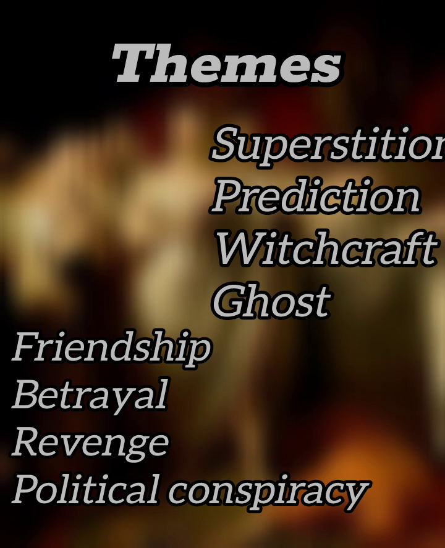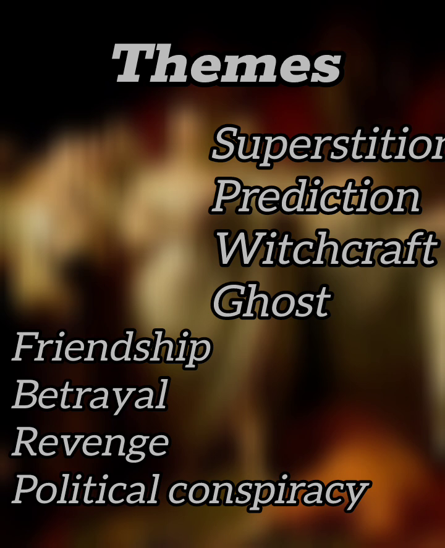Themes of the play Julius Caesar. What are the themes? First, the theme is friendship. Friendship of Julius Caesar and Mark Antony. Okay, now that's more clearly to be seen in the whole play. Betrayal, the second theme. Betrayal of Brutus. We have already heard it. Okay, revenge, political conspiracy.